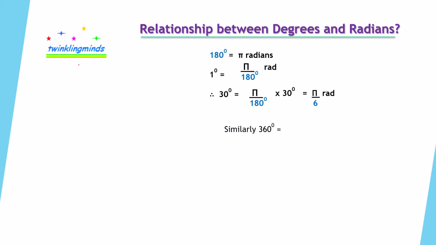And similarly, if we have to convert 360 degrees into radians, it will be 2 pi radians. Like this, we can convert all the angles which are in degrees into radians.